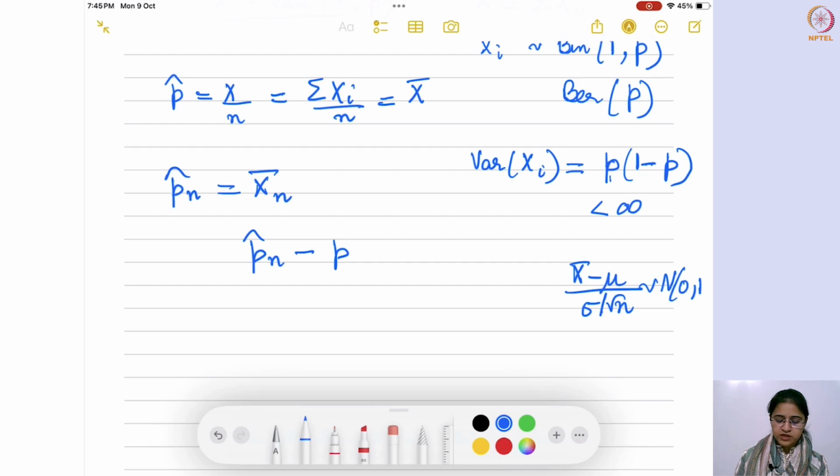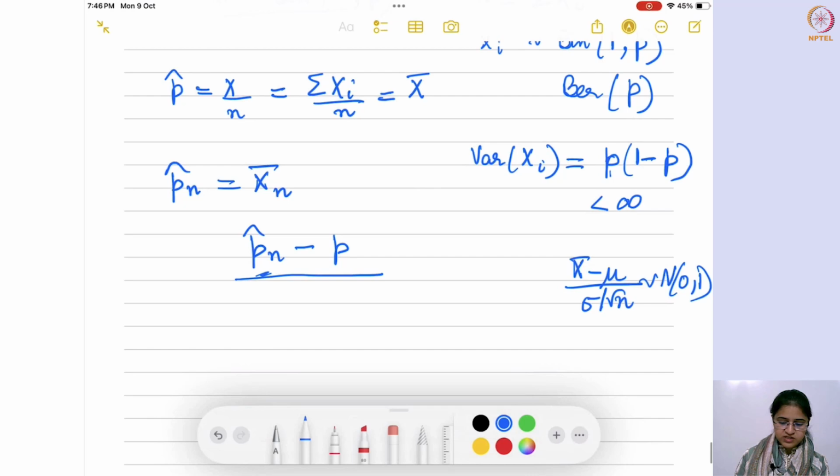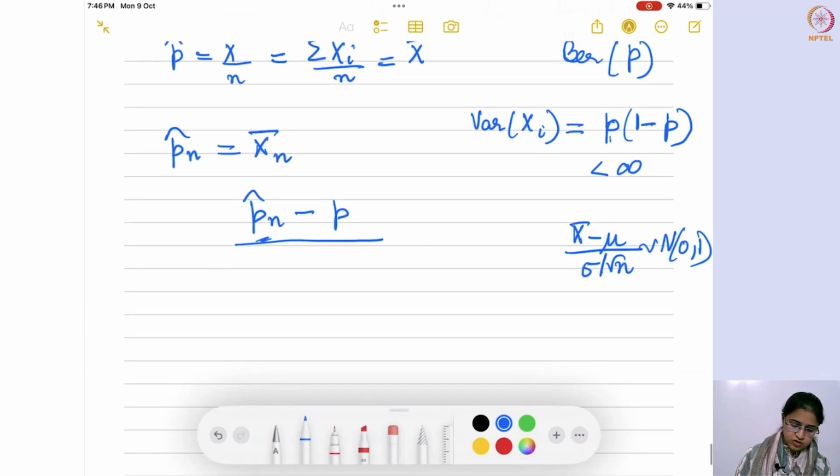So the same thing applies: instead of x bar, we write p n hat minus the mean of x bar. The mean of p hat, we have seen, is p, so the expectation of p hat is p. Now you divide by its corresponding standard deviation by root n, which would be p times 1 minus p divided by n.